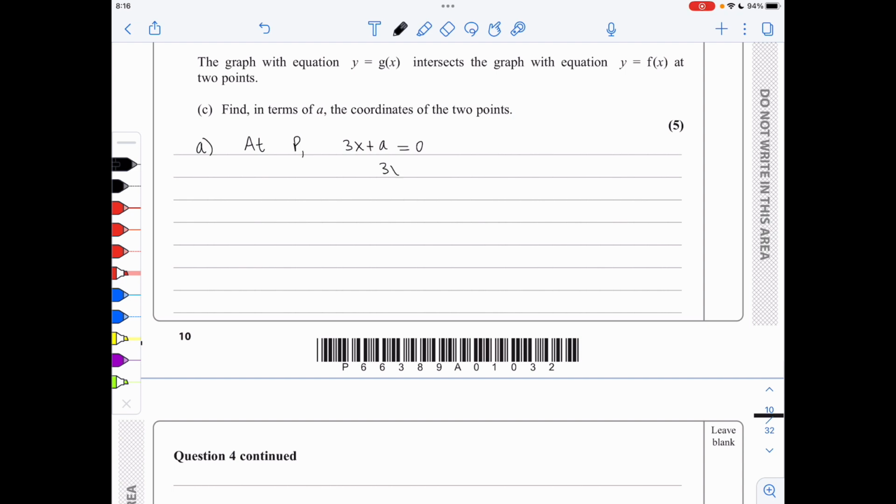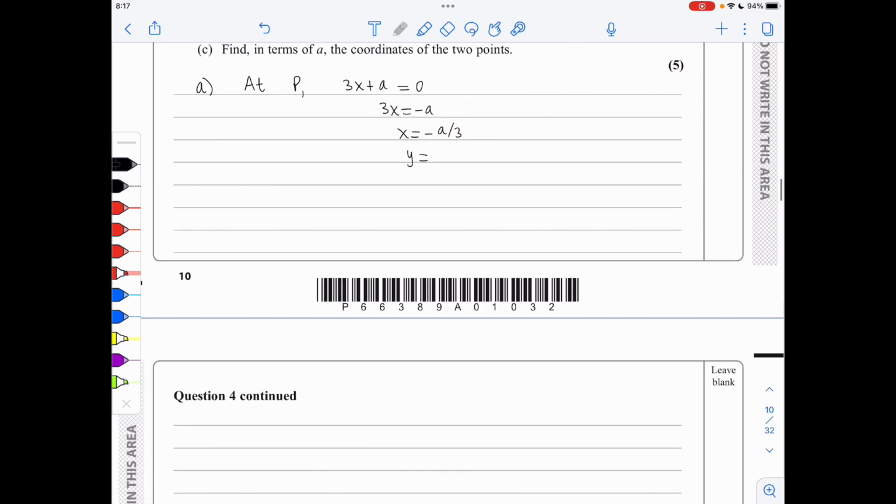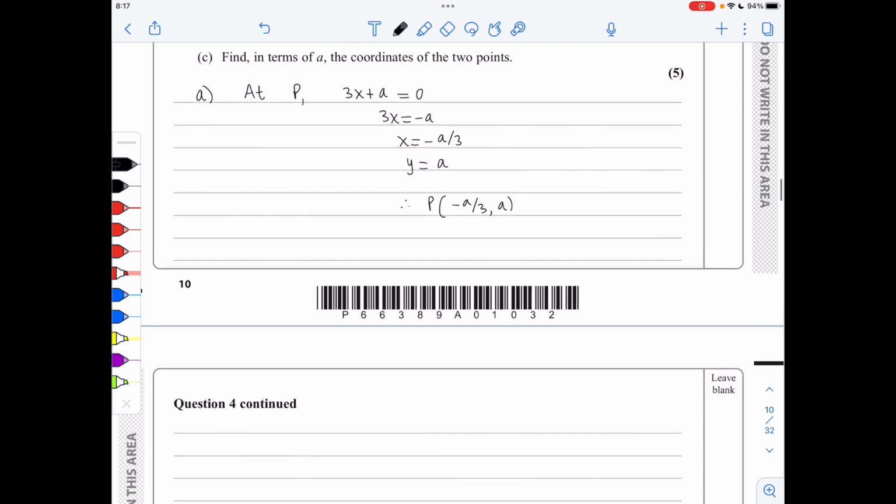So 3x is −a, which means that x is −a/3. We can also see that if 3x + a is 0, so this goes away, then f of x is just a, so y is a, and therefore we've got the point P having coordinates (−a/3, a).